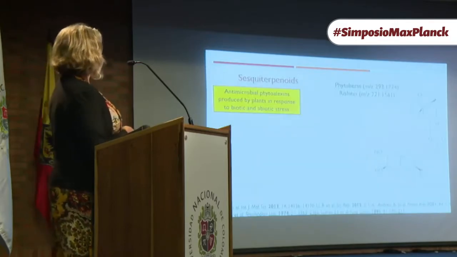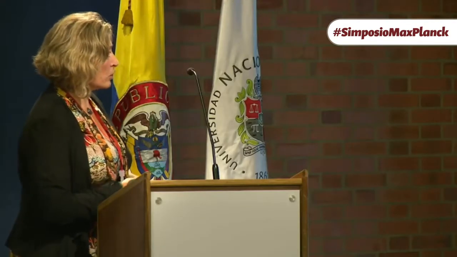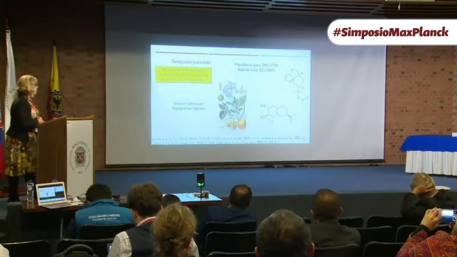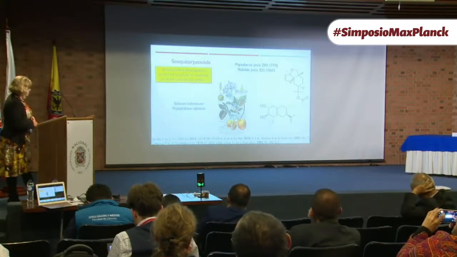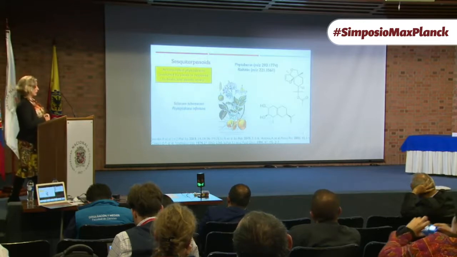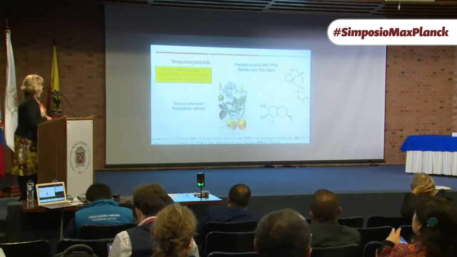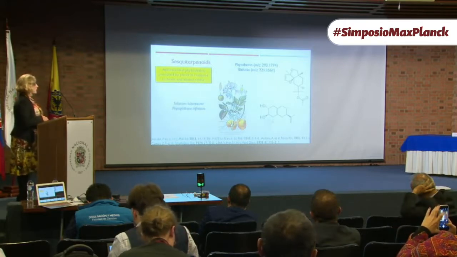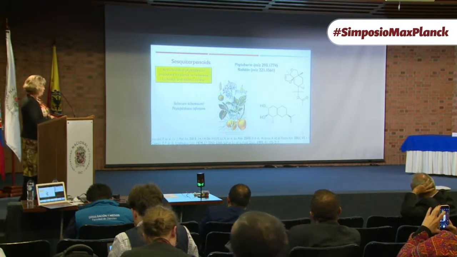And then we also have some sesquiterpenoids, which have already been isolated in the infection with the same Phytophthora infestans, but in potato, and they also normally react to biotic and abiotic stress.